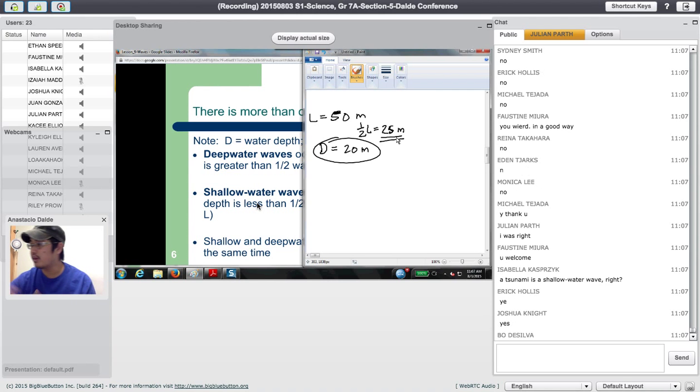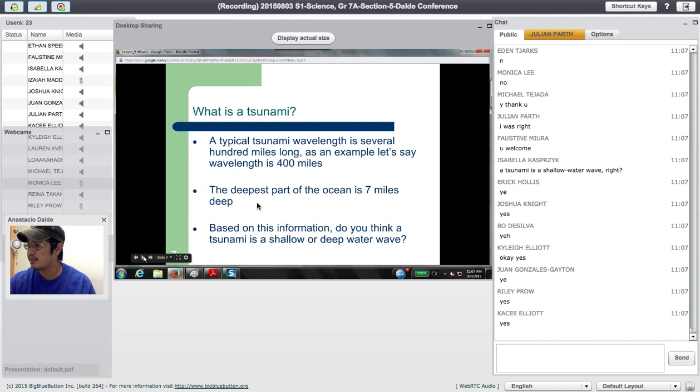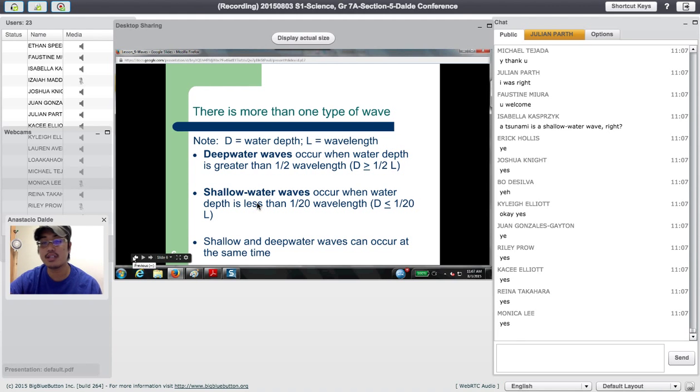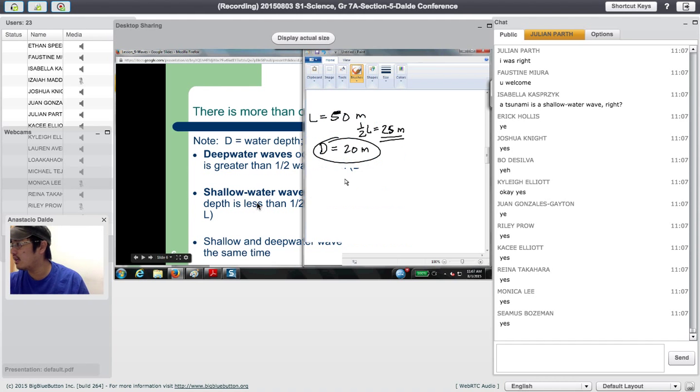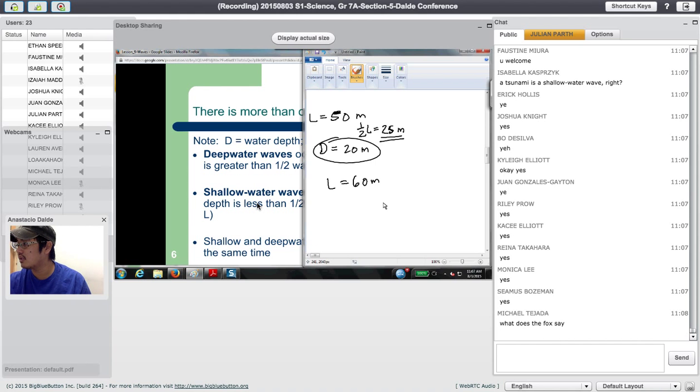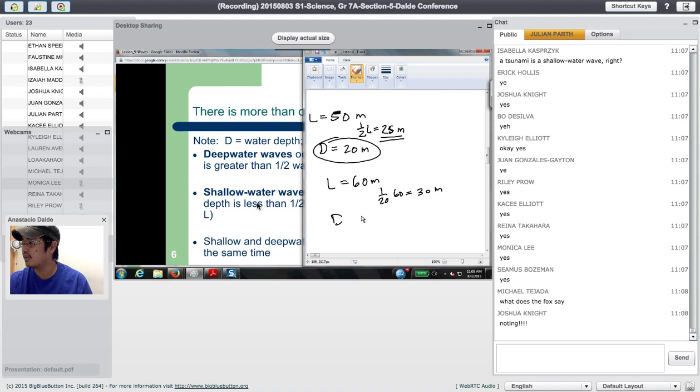A shallow water wave, on the other hand, is when the depth is smaller than 1/20th of the length of the wave. So if my wavelength was, let's say, 60 meters, and my depth is, let's say, 15 meters.